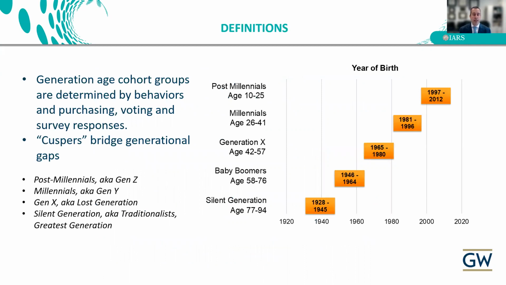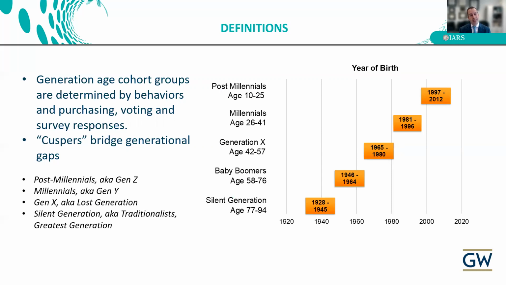In thinking about the generations, I want to start off by saying that there is no exact divide for generations in any formal sense. This is done generally through surveys that look at behaviors, voting strategies, preferences for purchases, and other survey-related questions that a generation born in a certain range of years tend to respond to.